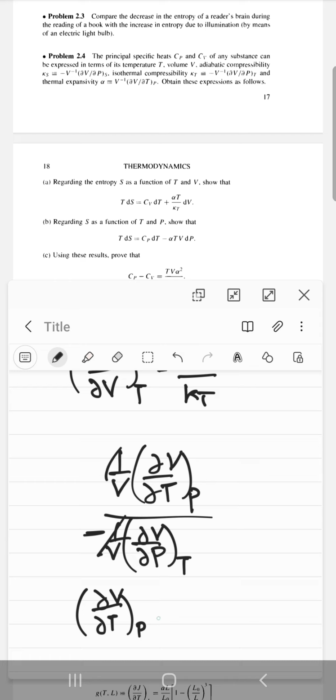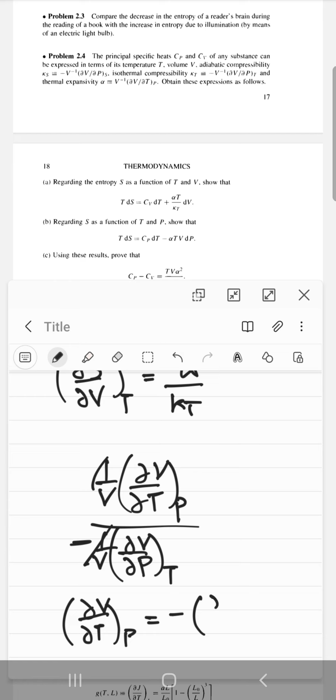This is slightly weird. Okay, let's just try to write this down. This is equal to minus the partial S upon partial V at constant temperature, and then you just have partial V by partial P. I think I get it.